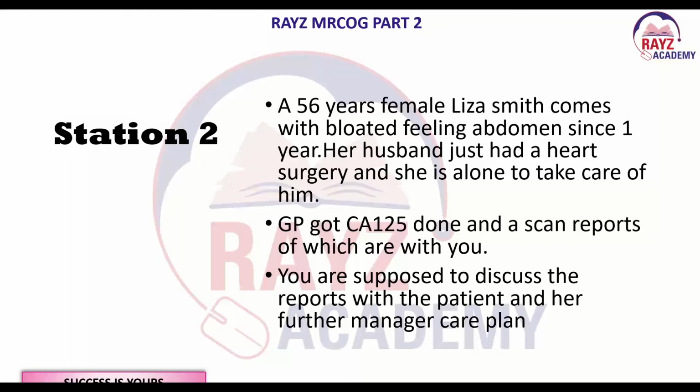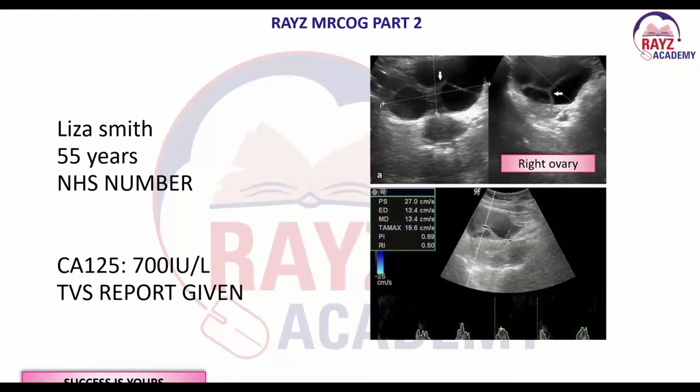Okay, coming to the investigations done, the GP has done a blood investigation called CA125, which is a certain chemical in your blood that we test when we are suspecting that there is something inside your tummy, or specifically inside your ovary. Oh, what does that mean?